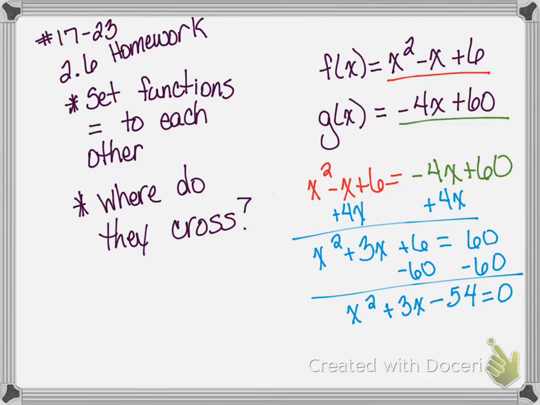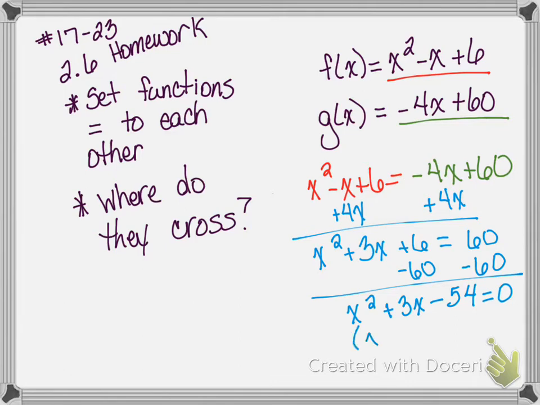Yes, that's exactly what we would do, is factor here. Because the leading coefficient is 1, it's a little more straightforward to factor. So we're looking for two numbers that multiplied together give negative 54, and added together give 3. Because my product is negative, what can you tell me about the two numbers? One's positive and one's negative. Has anybody got the numbers?